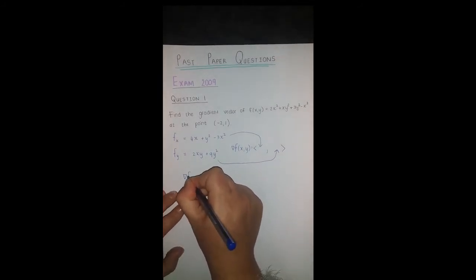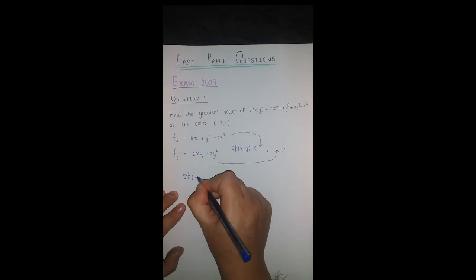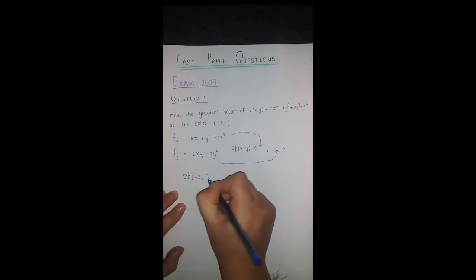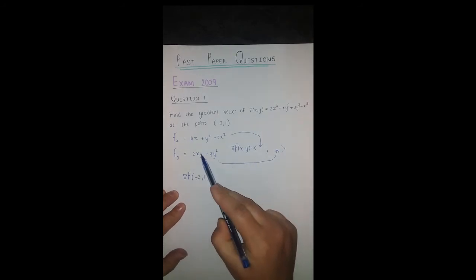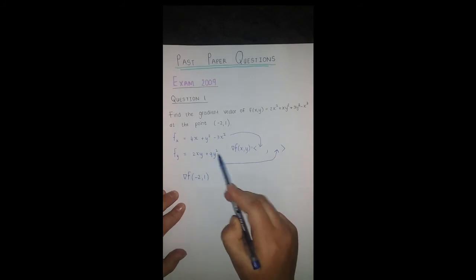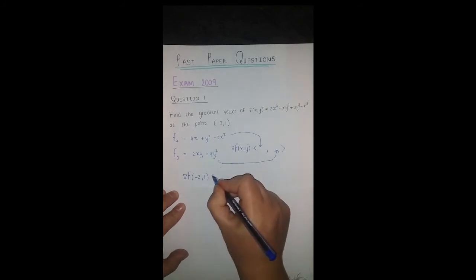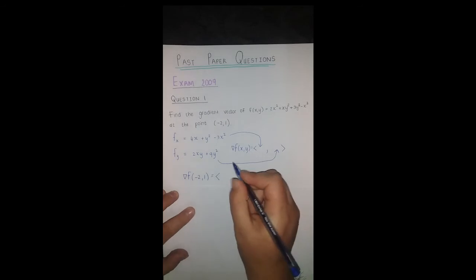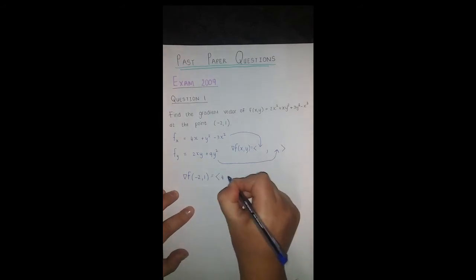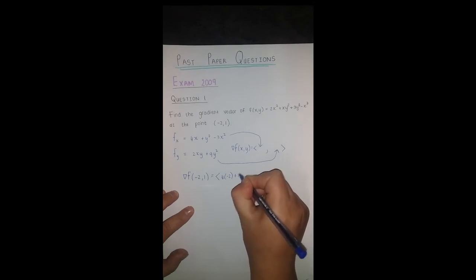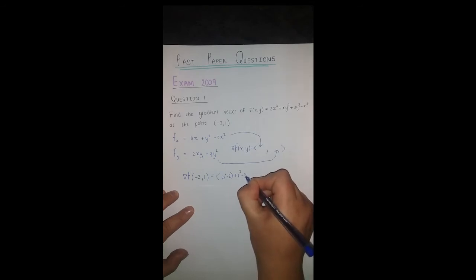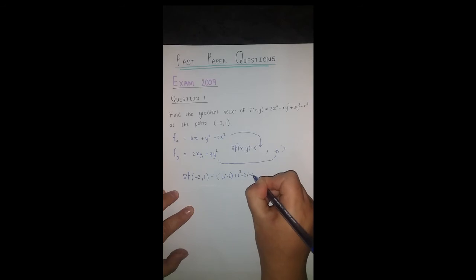So all we do is we take the point, the x and y values, the coordinate, and we put the x and the y's into these equations. So you'll have 4 times -2 plus 1 squared minus 3 times -2 squared.